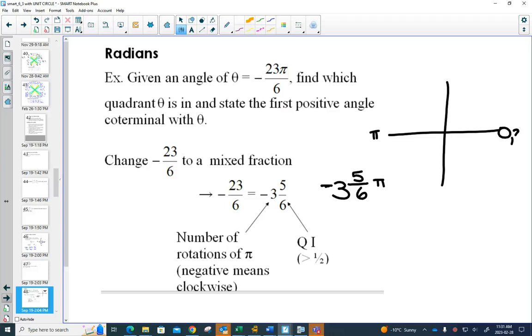All the way around is 2 pi. But if you kept on going and you counted by pi's, this would be 1 pi. All the way around is 2 pi. Can you see that this would be 3 pi? Then if you went around a second time over here, you would get to 4 pi. Then this would be 5 pi. And this would be 6 pi.